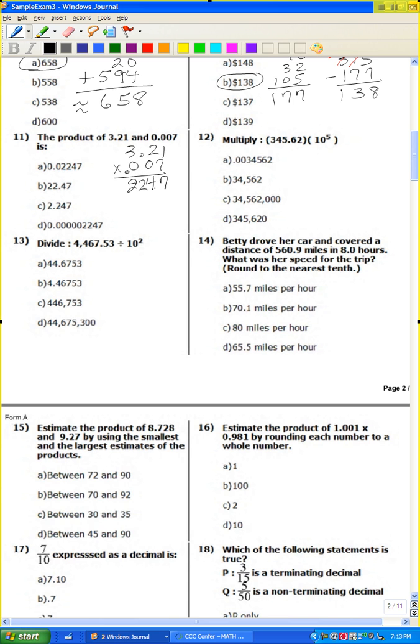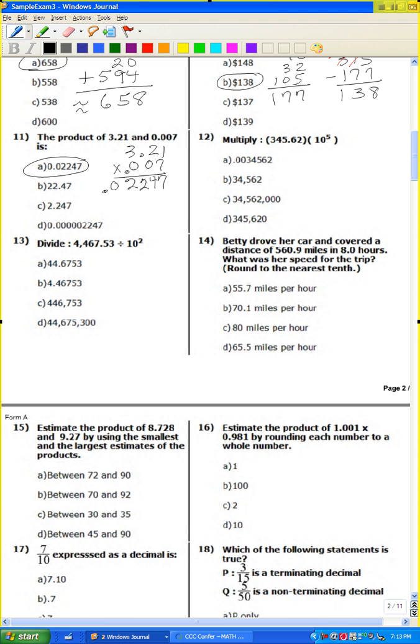And so 1, 2, 3, 4, 5. And so 0.02247. Actually, that doesn't look like a 2. So let me do this again. 0.2247. That looks a little bit better.